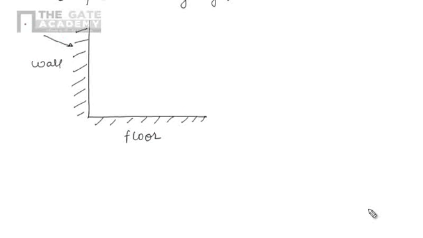Suppose this is a rough wall and the floor is smooth. For smooth, no need of considering friction force, and for rough you have to consider friction force. Suppose the coefficient of friction is mu for the rough case.